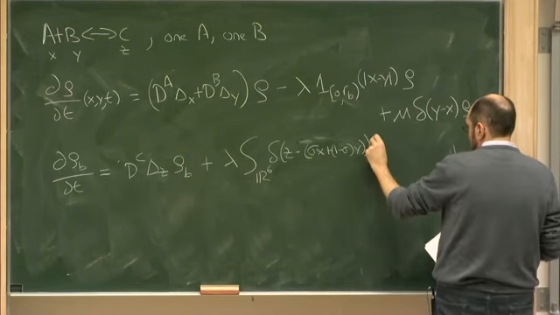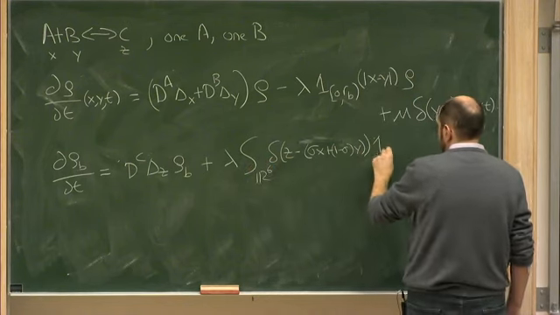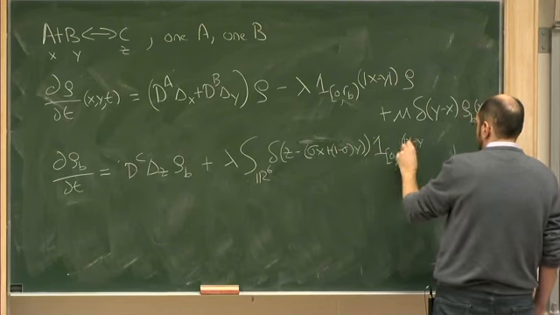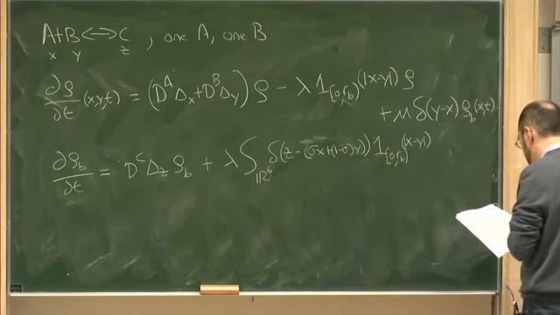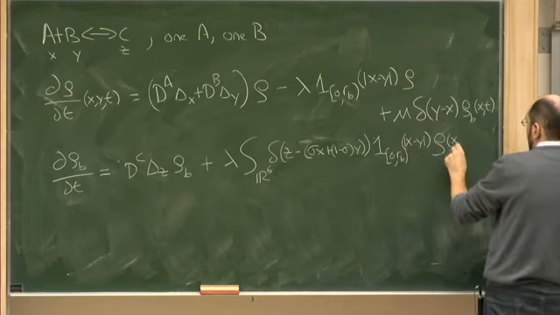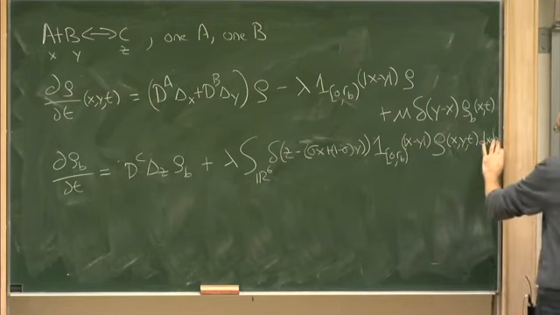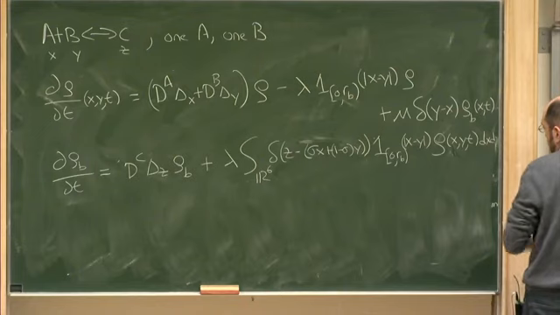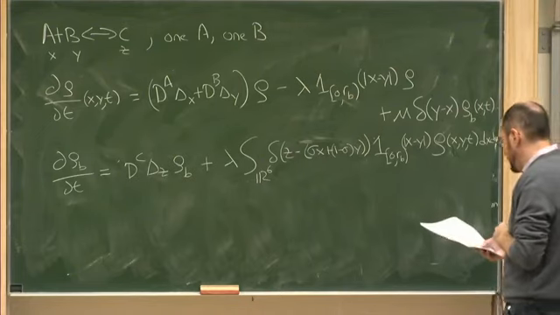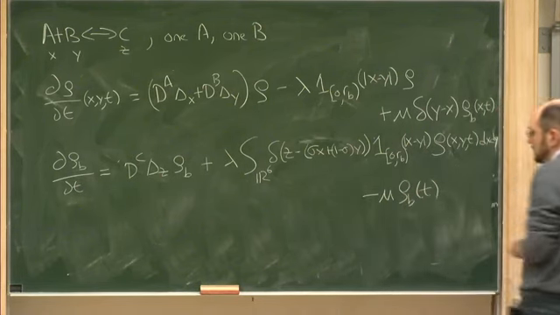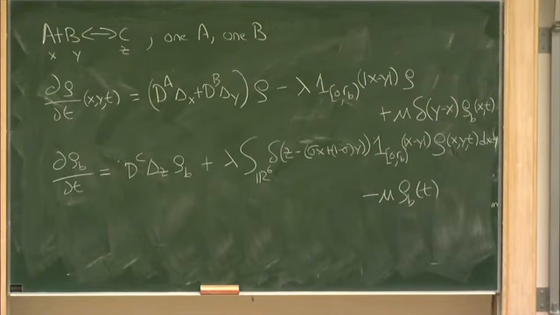Then your lambda, I pulled that out front, so my indicator of x minus y, and my density, rho of x, y, t, dx, dy. And then you have the way you leave the state, which is minus mu rho b of t.